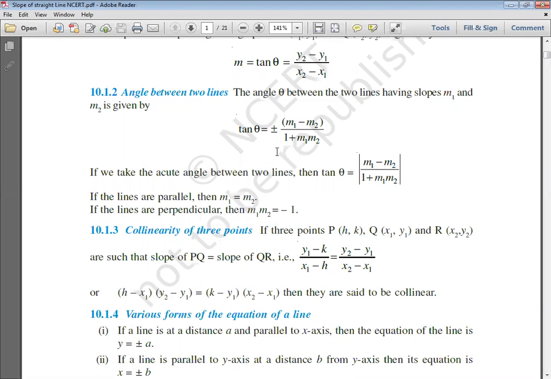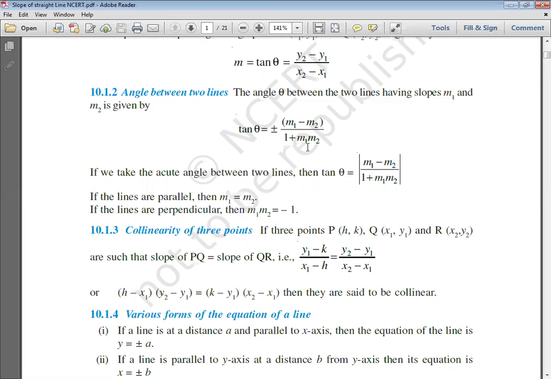Two intersecting lines will be given, and when two lines intersect, suppose one angle formed there is theta, then the formula is this one: tan theta is equal to m1 minus m2 divided by 1 plus m1 m2, where m1 and m2 are the slopes of the lines.